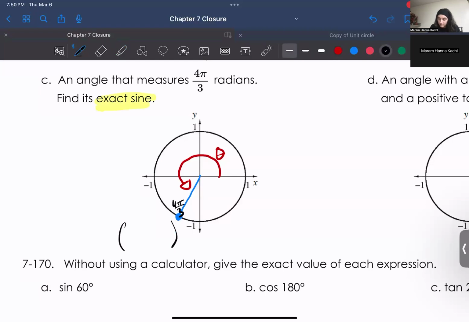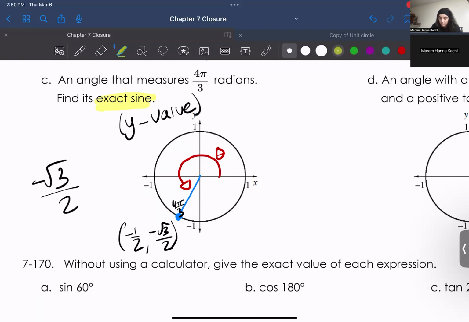So I'm going to add that in, negative 1/2, negative root 3 over 2. Remember that sine relates to the y values. So which one do I only really specifically want to know about? It's that negative root 3 over 2. Just the sine, just the y value. But having the unit circle is the one that lets us point out what that point is in general.